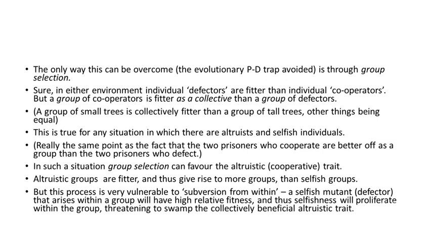A group of birds where they're all altruistic and picking the ticks off each other is fitter than a group of selfish birds, none of which are helping the others clean their ticks off, collectively. Okay, so if you've got two groups, one of which is full of altruists, the other which is full of selfish individuals, non-altruists, the altruistic group will do better as a group, will be fitter as a group.